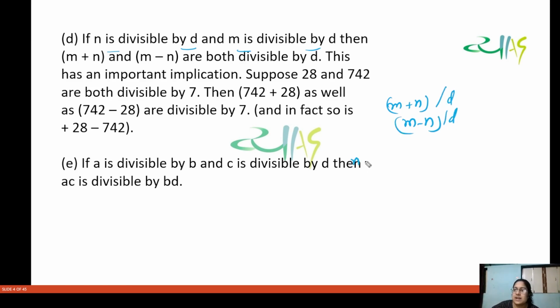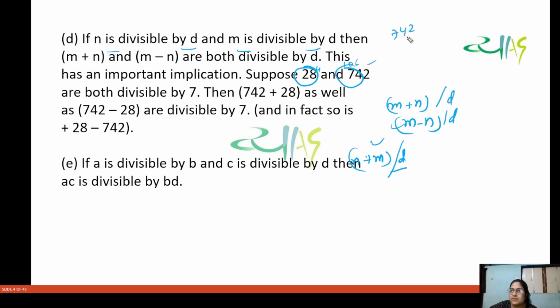Okay, so if both are divisible by d, then their addition is also divisible by d and subtraction is also divisible by d. Okay, so let's see this. Suppose we have numbers 28 and 742. You can obviously check it. Both of these are divisible, 4 times and 106 times. So both are divisible by 7.